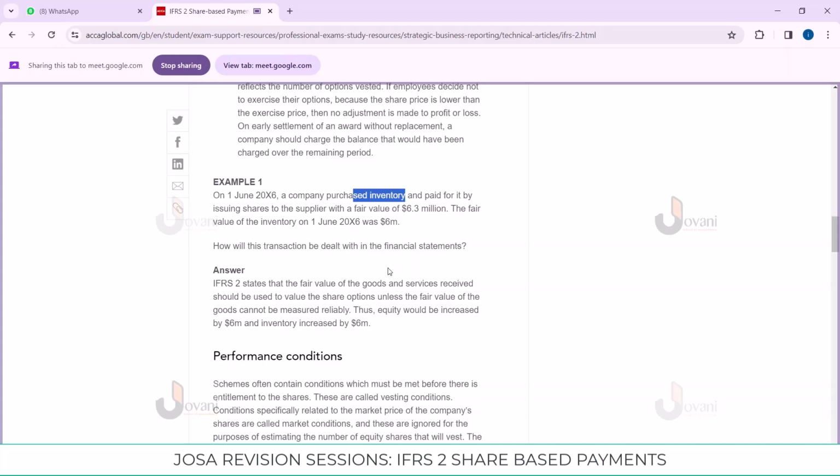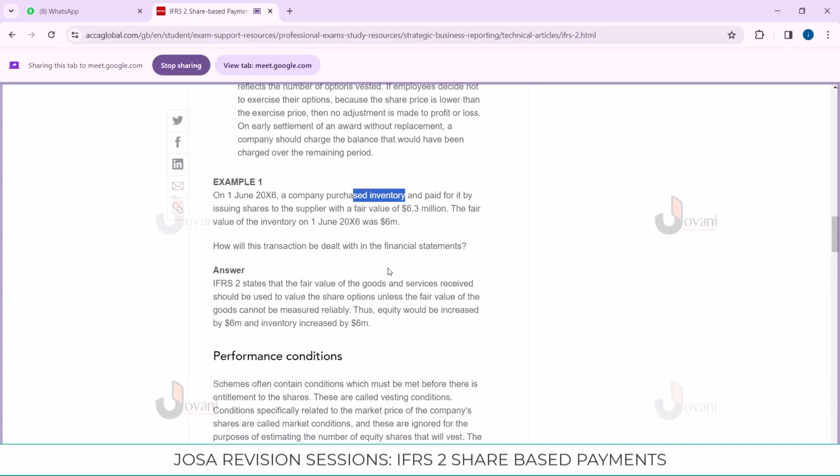When it comes to other parties who are not employees of the company, then the standard says, can you obtain the fair value of the goods? If yes, then you debit the asset you've received with the fair value of the goods received, and you credit equity with the same amount.